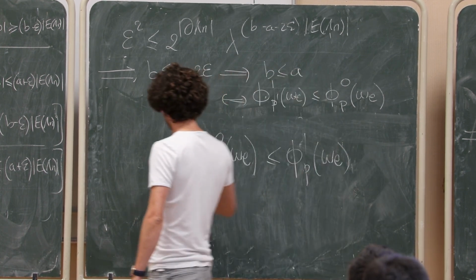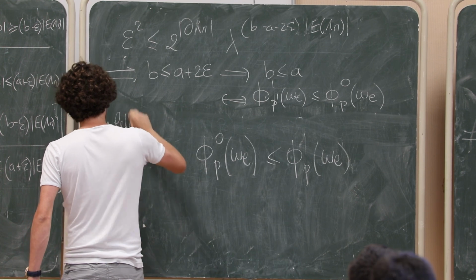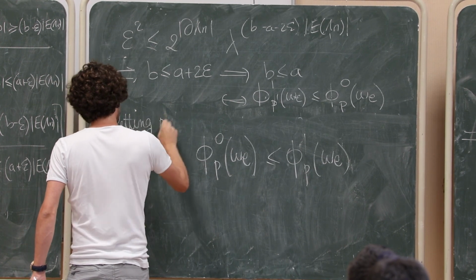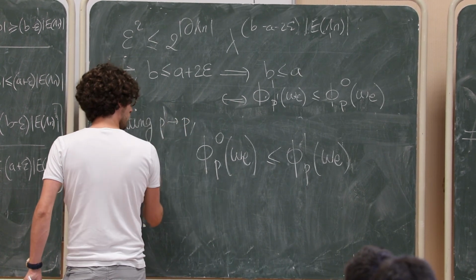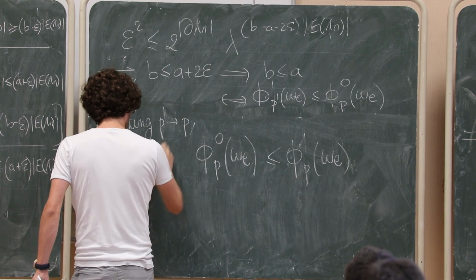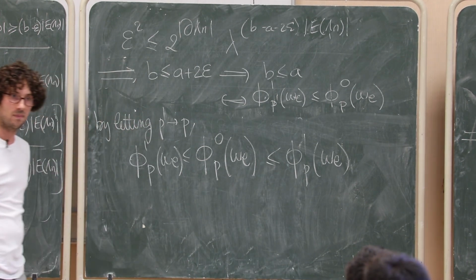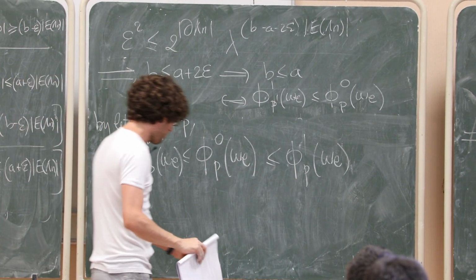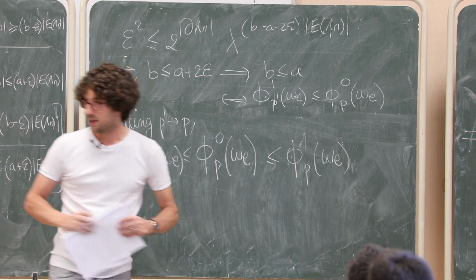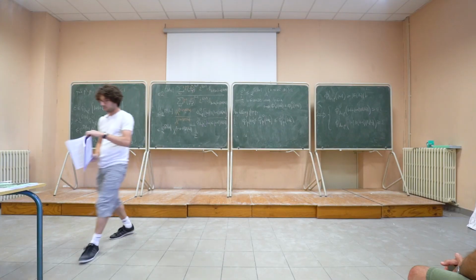But by letting p prime tend to p, phi 1 p of omega e is also smaller or equal to phi 0 p of omega e. Okay, so I apologize for this p prime thing. It has been a long time since I presented this proof.